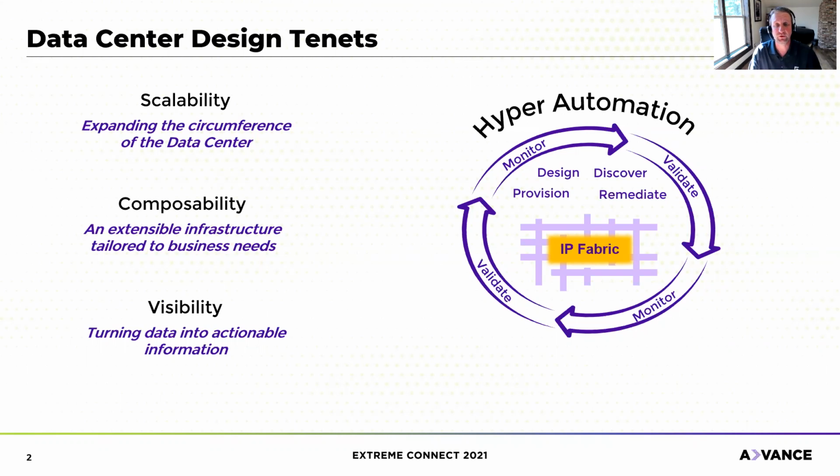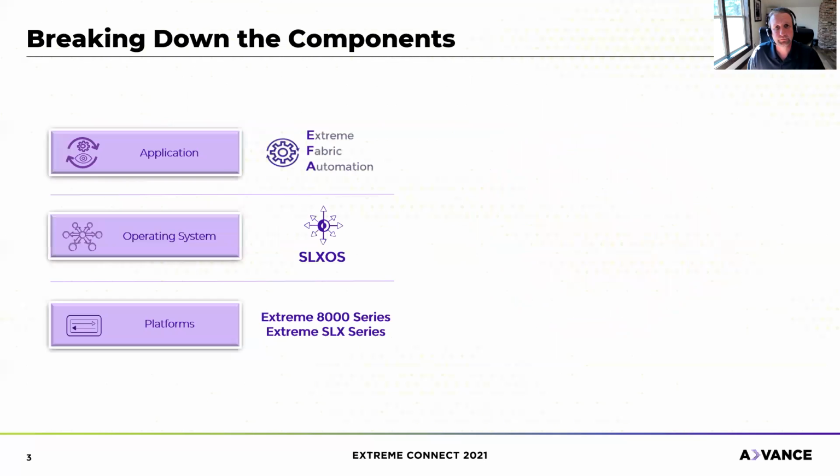Expand it, reduce it, grow it. All of these things can happen through hyperautomation. And lastly, hyperautomation also provides us the ability to get that visibility, the visualization of what's happening across our entire network from one singular position. So this is a very key point that hyperautomation really enables these three tenets of the data center.